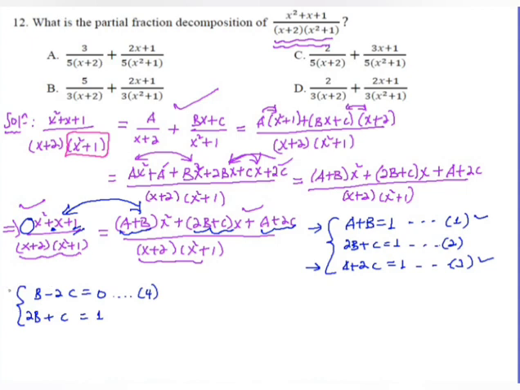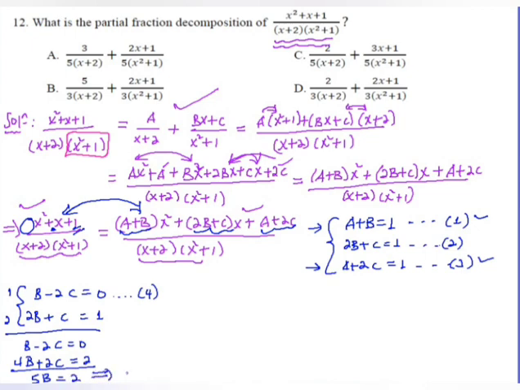Now multiply the first equation by 1 and the second by 2. Then this becomes b minus 2c is equal to 0, and 4b plus 2c is equal to 2. Now add them, it becomes 5b is equal to 2.